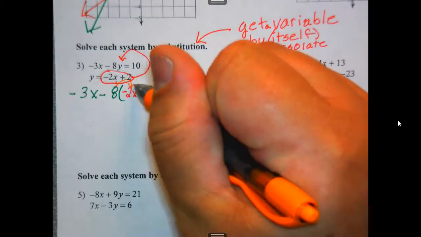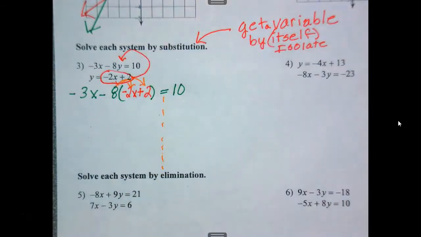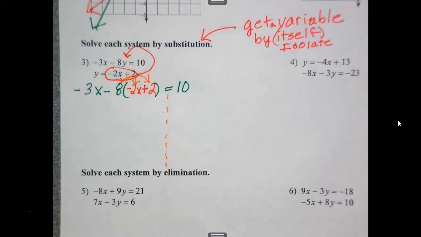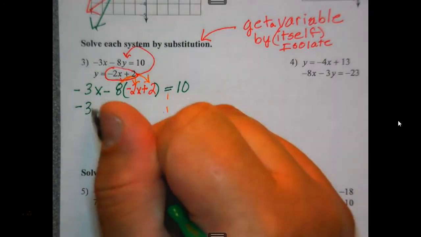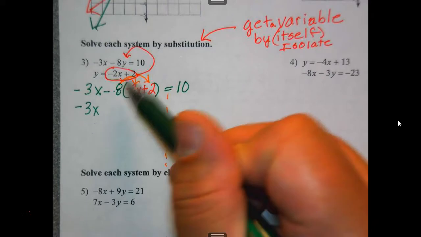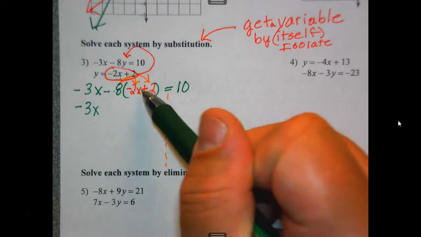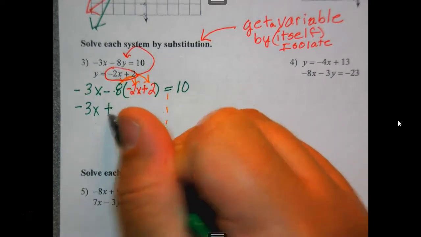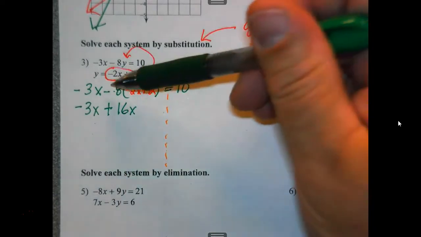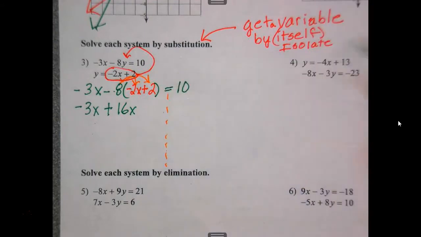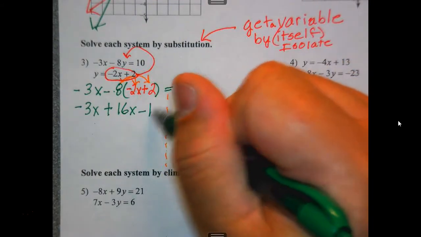The reason why we do this method is to solve for one variable only. So I have negative 3x, negative 8 times negative 2x, positive 16x, negative 8 times positive 2, negative 16.